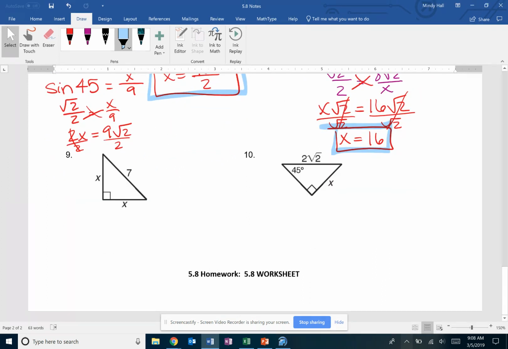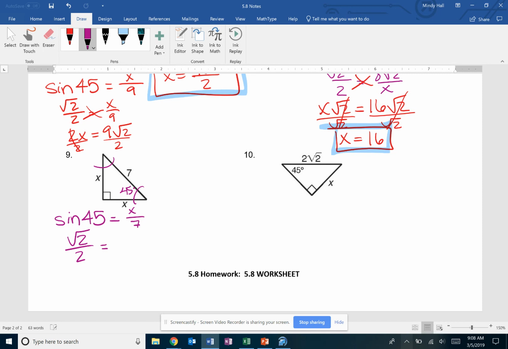All right, so with this one, your hint, because they didn't mark the angles, is that both of these sides are x's, so we know these are 45 degree angles because they should be the same. So because of that, sine of 45 equals opposite over hypotenuse, which again, sine of 45 is square root 2 over 2.